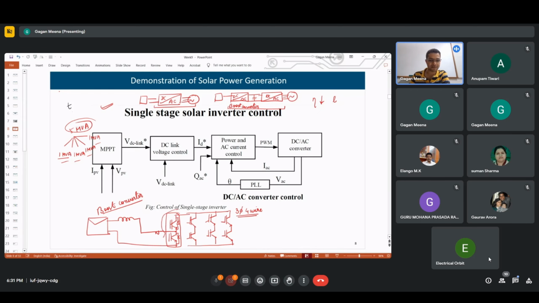So this leg will act as a boost converter, and the remaining 3 together will act as an inverter. We also have a DC link capacitor.